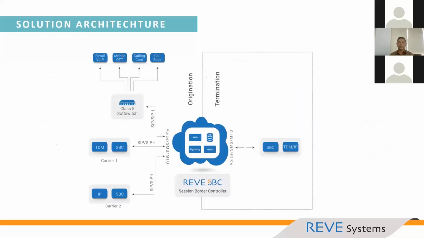So this is the solution architecture, showing how the SBC is bordering your network, with one side having the origination section and the other side the termination section.